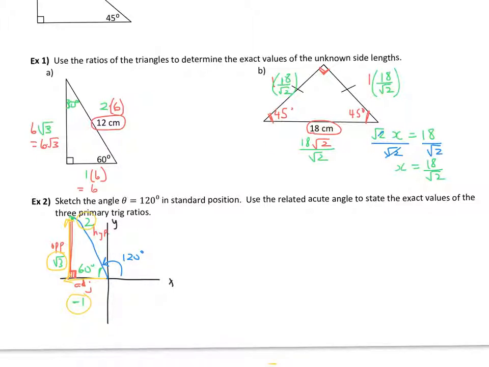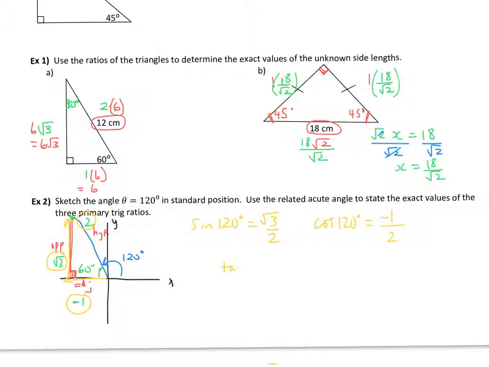So my 3 primary trig ratios are as follows. We know that the sine of 120 degrees, we just look at the related acute angle as our angle of reference here. The opposite is root 3, and the hypotenuse is 2. So sine is positive in the second quadrant. The cosine of 120 degrees would be adjacent, which is -1, over hypotenuse, which is 2.